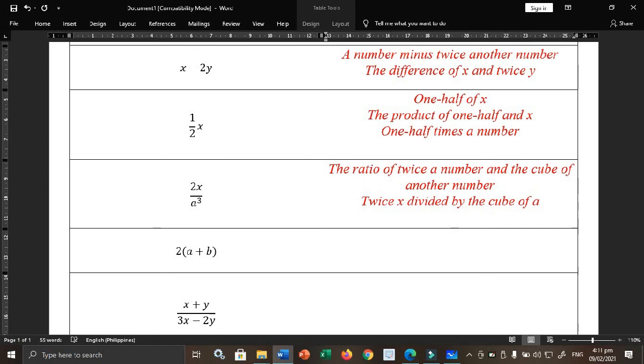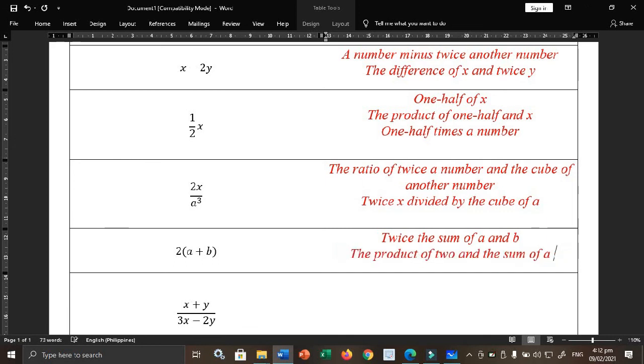And then next is this, no? So, it can be written as twice the sum of A and B. Or pwede naman kasi there is a presence of parenthesis. So, ibig sabihin, si 2, imumultiply natin sa sum ng A and B. Pwede naman natin sabihin na the product of 2 and the sum of A and B. Pwede din yan.